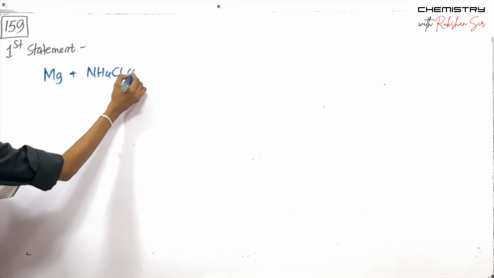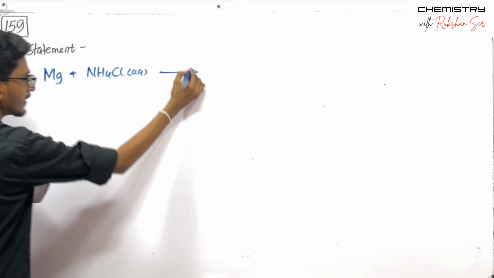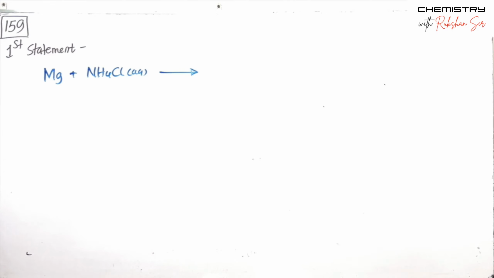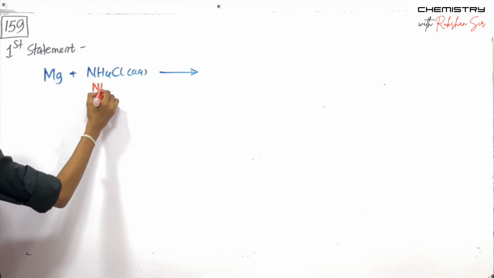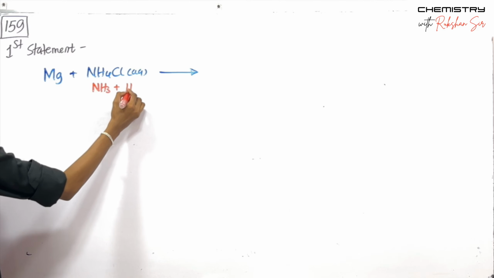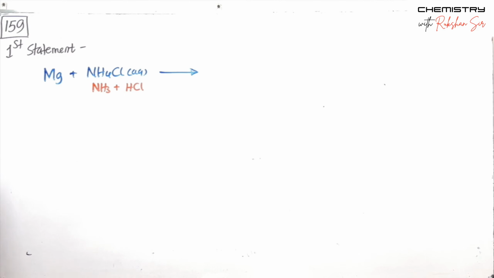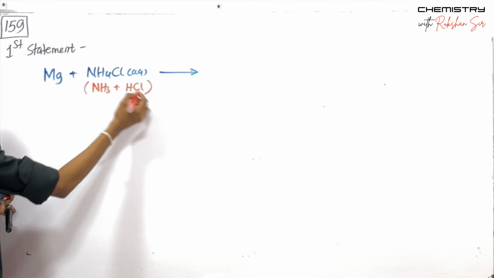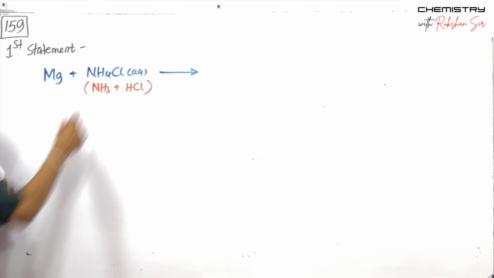See what kind of products are possible here. Ammonium salts can be referred to as a combination of ammonia plus the corresponding acid.